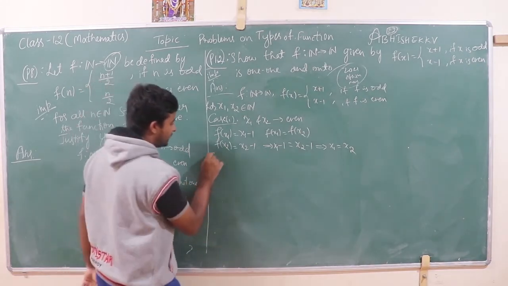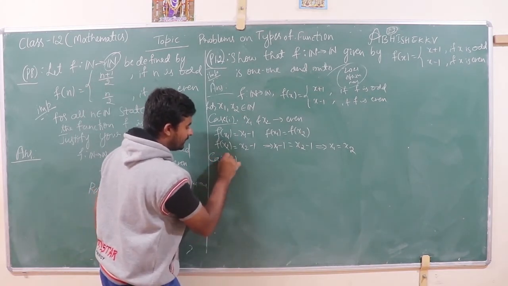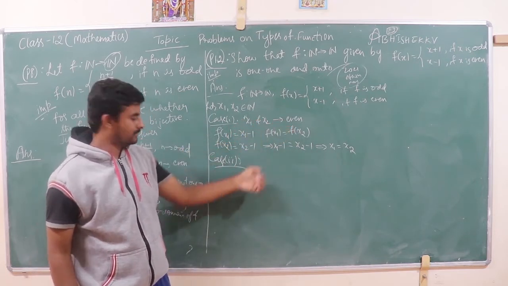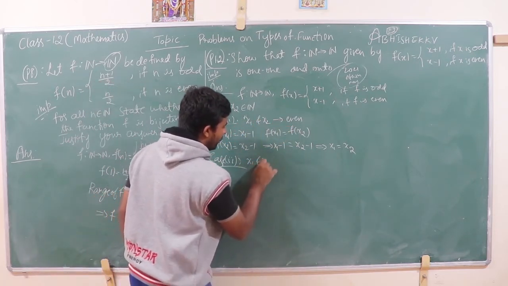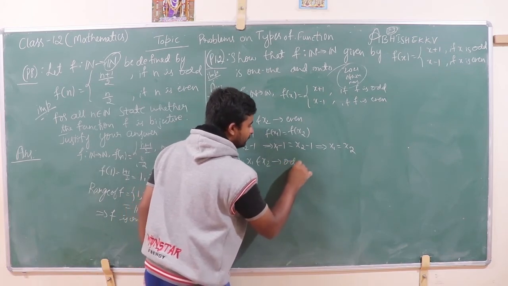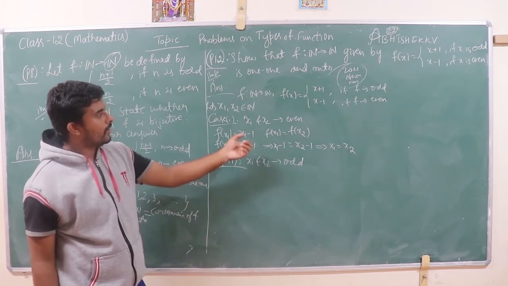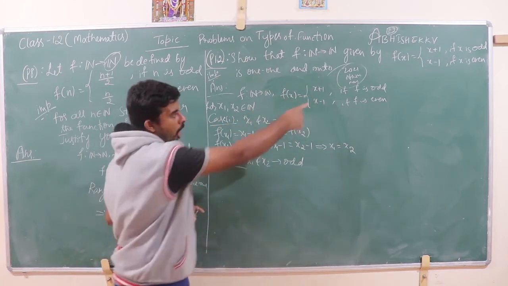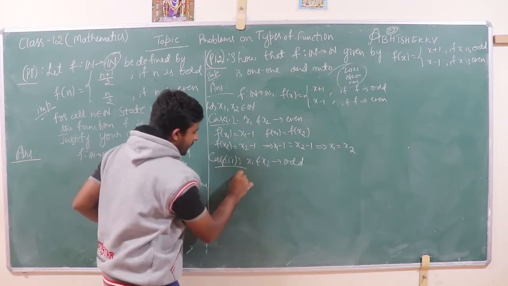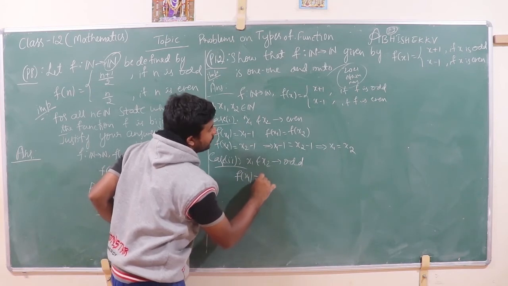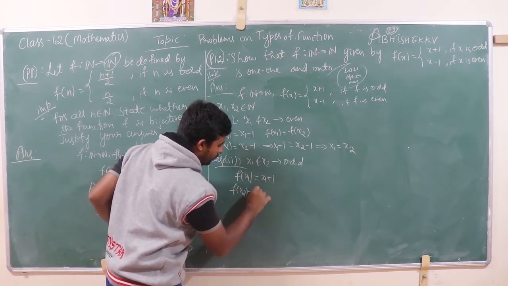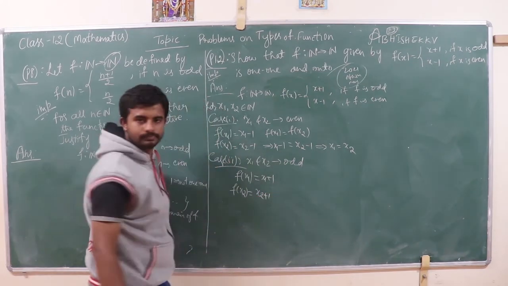What happens in the next case? What is the next case? You know it. If both x1 and x2 are odd, what happens? See, for odd, if f is odd, then f of x1 is equal to x1 plus 1, f of x2 is equal to x2 plus 1.